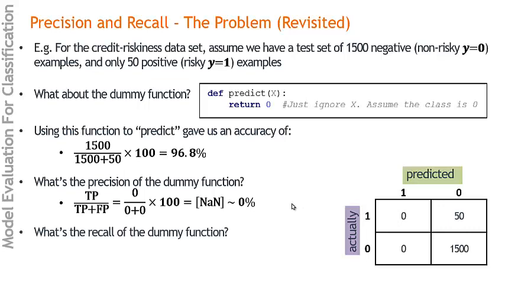And the recall is 0. As I said, the accuracy here is high because it does well on the class that you don't care about, but it does terribly on the class that you do care about.